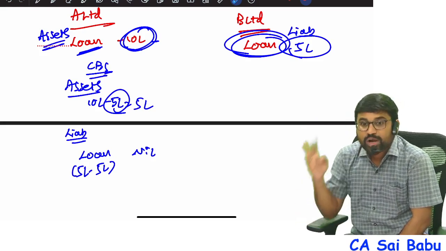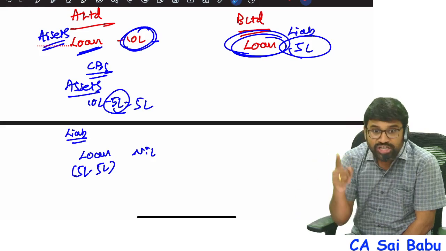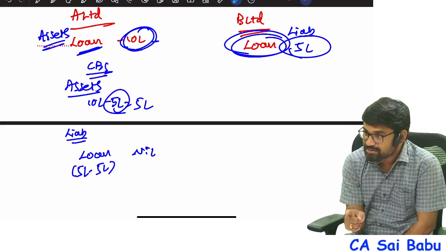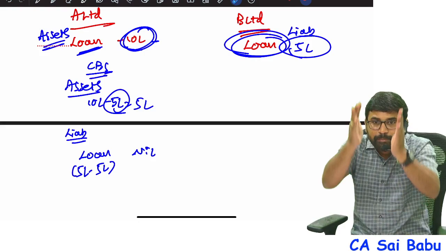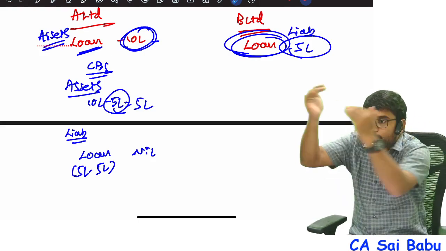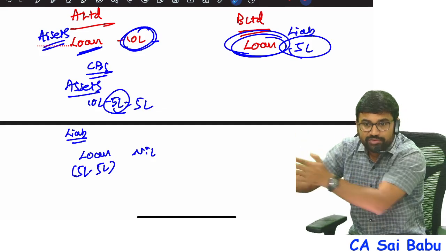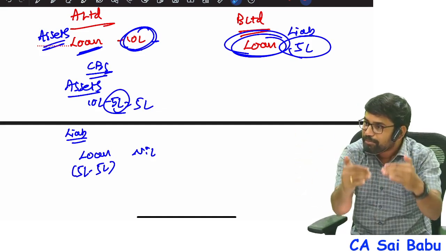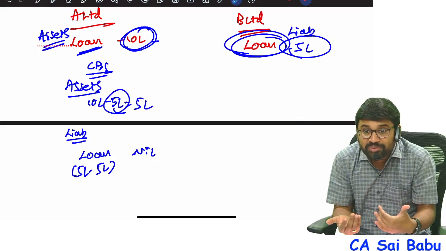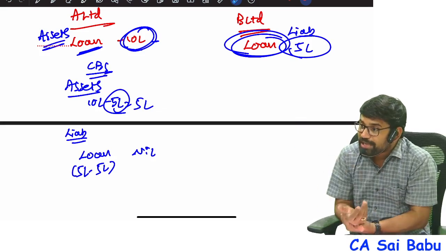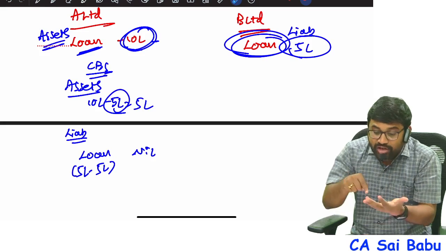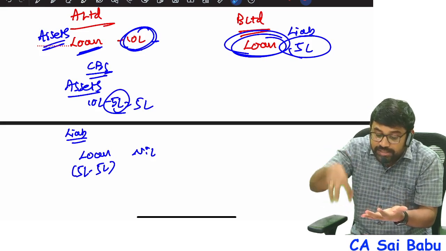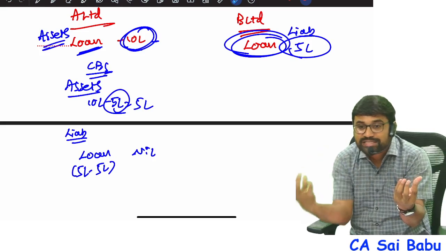Everybody, what is step number 4? Apportionment of subsidiary company analyzed profits. How you do apportionment? Pre-acquisition profits, capital profits, post-acquisition profits, revenue reserve. Apportion between parent and minority interest. And step number 5, minority interest. How to calculate minority interest? In the subsidiary company, share capital, what is the share of minority shareholders?